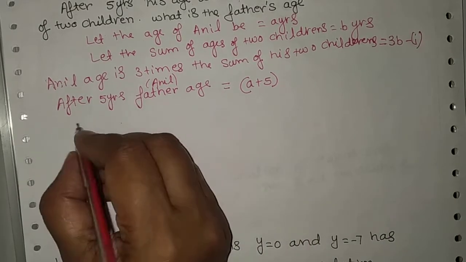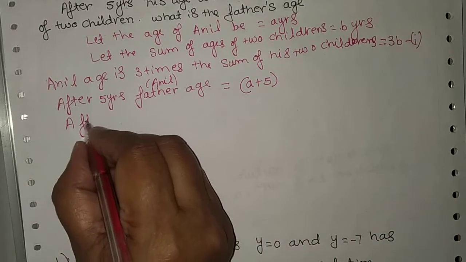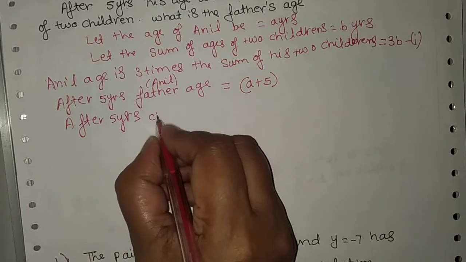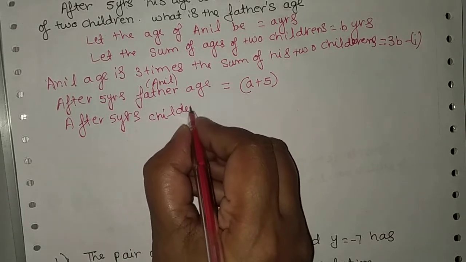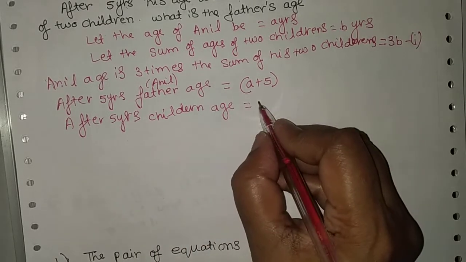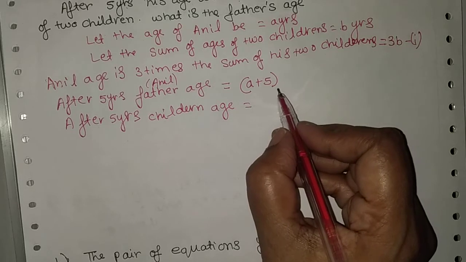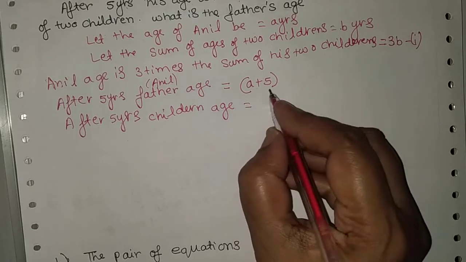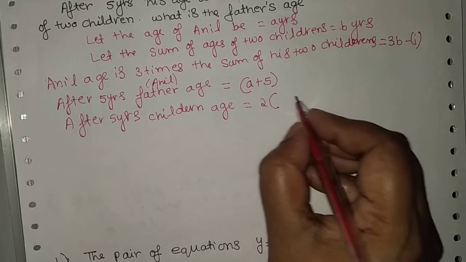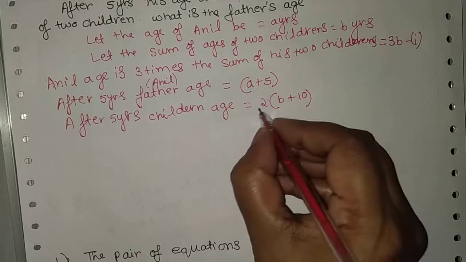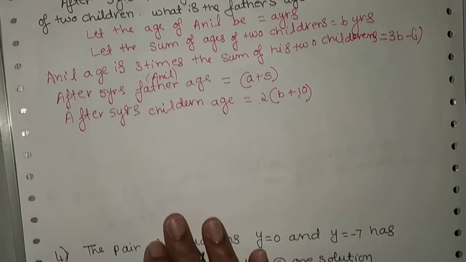Now next step is after 5 years, the children's age will be how much? That is twice A plus 5. After this, 2 into B plus 10. So 2 into 5 will become 10.